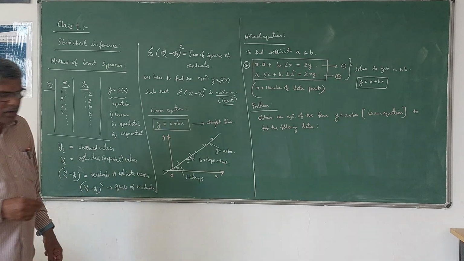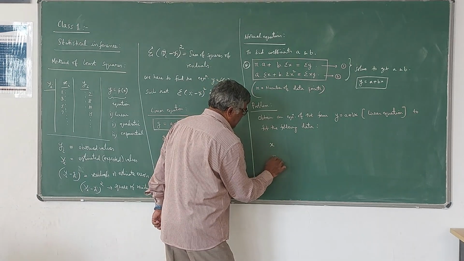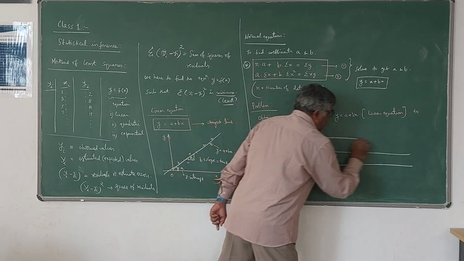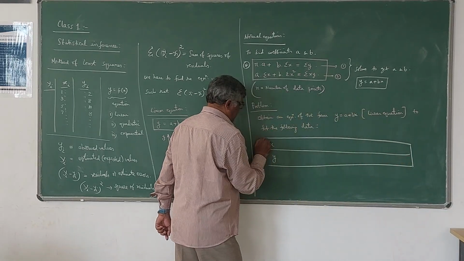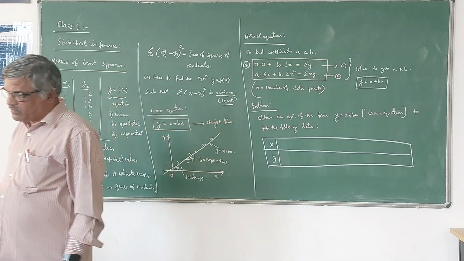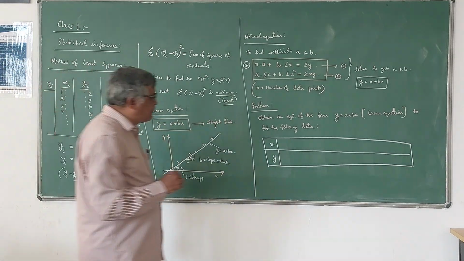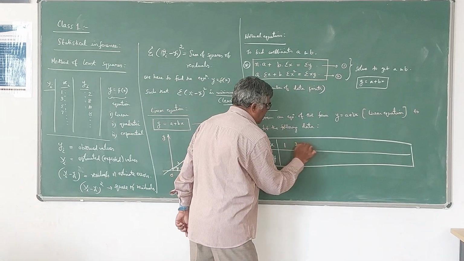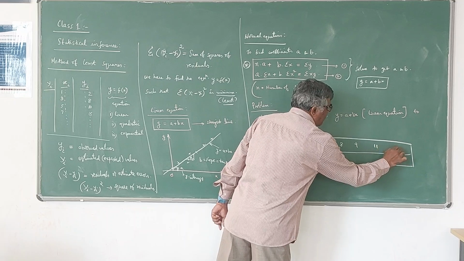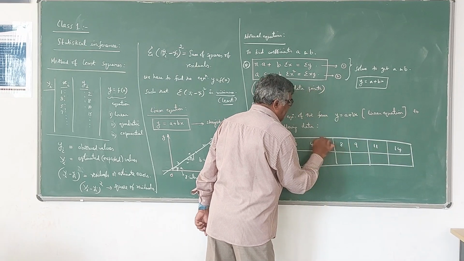So in this problem, he has given the values in the form of a table. Here he has given x values of 1, 3, 4, 6, 8, 9, 11, 14. So there are 8 readings, 8 data points.